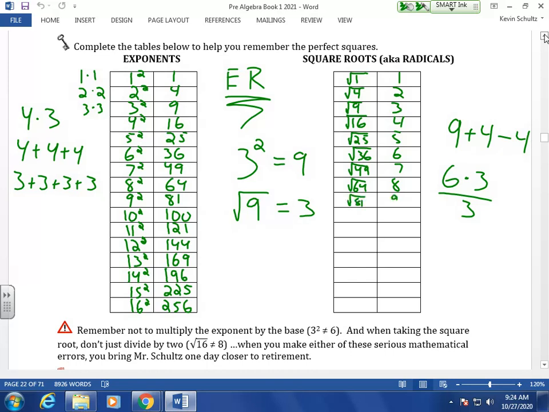So the root of 81 is 9. 10 squared is 100. So the root of 100 is 10. And we can follow that relationship all the way down to the root of 256, which is 16. Just like 16 squared is 256. Okay.